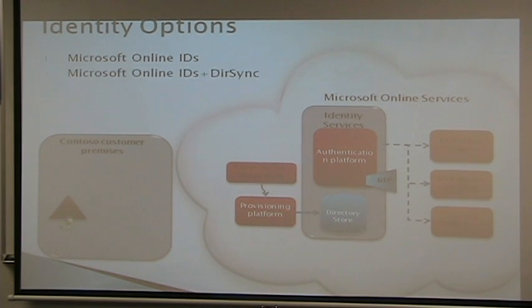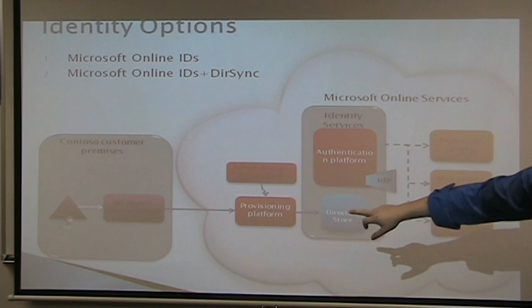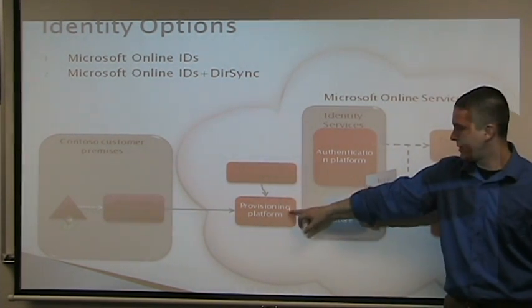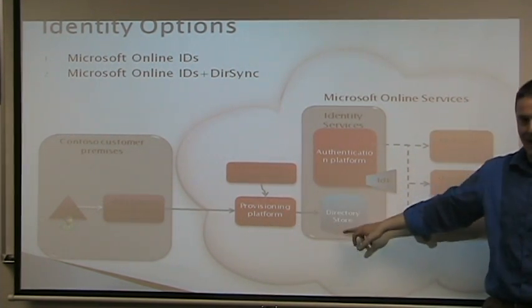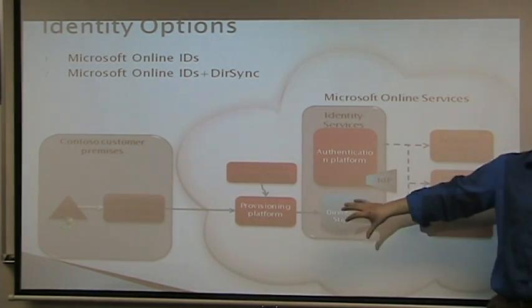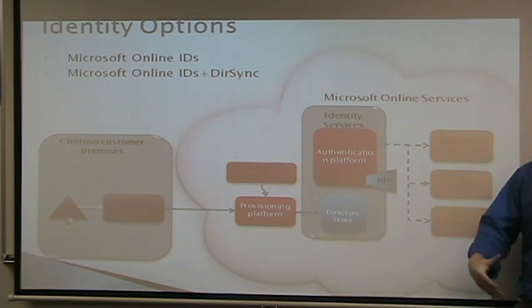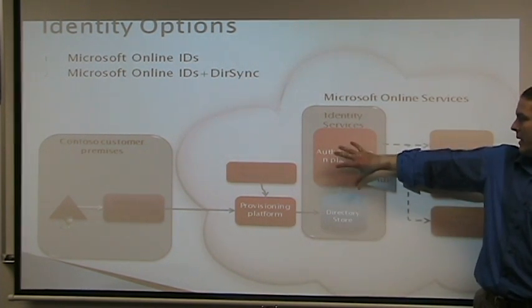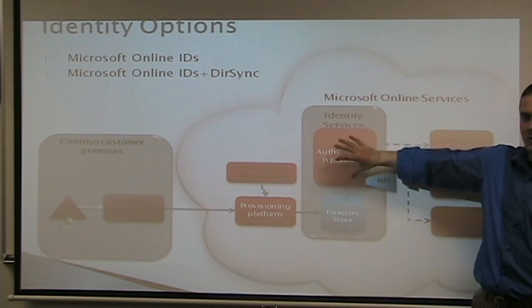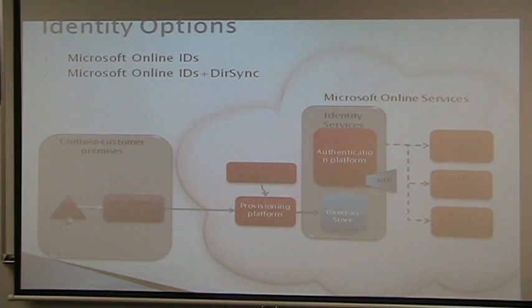The second one is the online IDs plus directory synchronization services. At that point, your DirSync application goes to this provisioning platform, which then has a directory store. So all of the user information from Active Directory is stored in this directory store for the coexistence environment. And the password, you're still authenticating against the authentication platform at Microsoft Online Services.